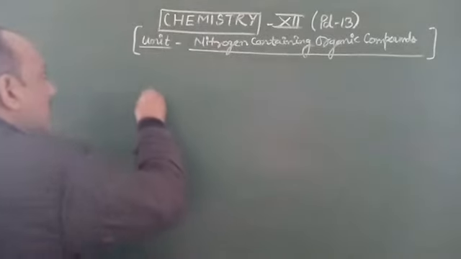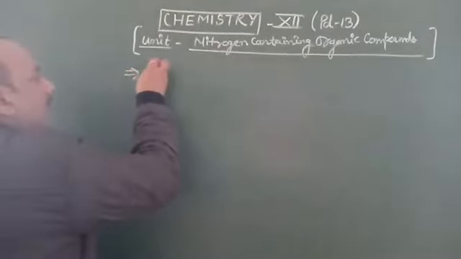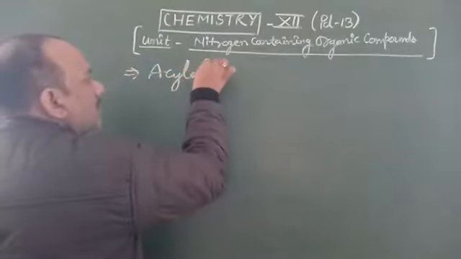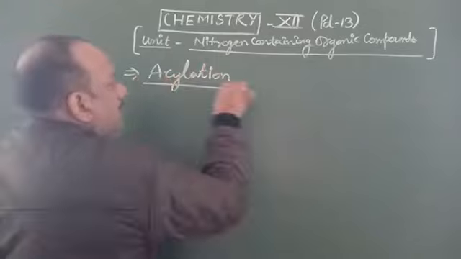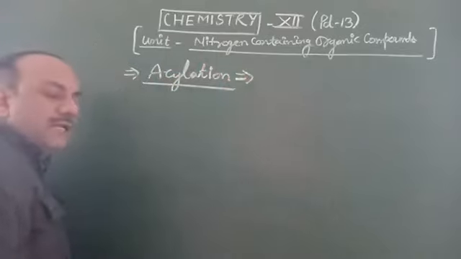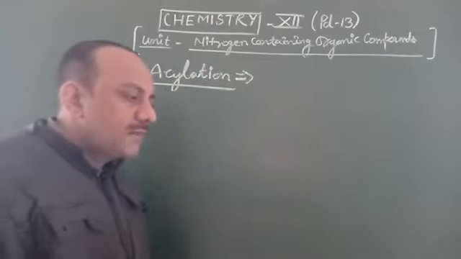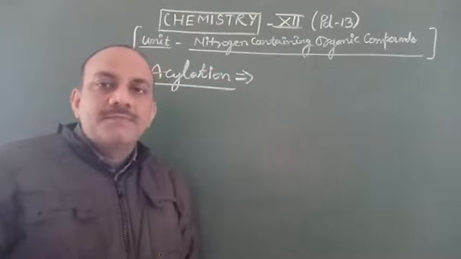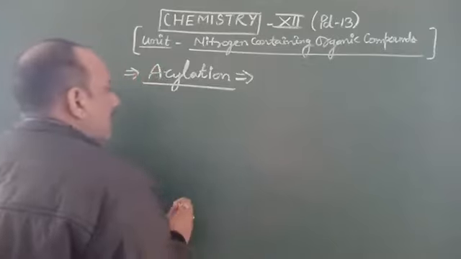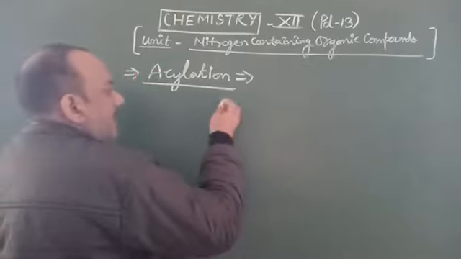Now the next chemical property is acylation. This reaction is completed by two reactants, named acetic anhydride and acetyl chloride. So first we take the reaction with acetic anhydride.